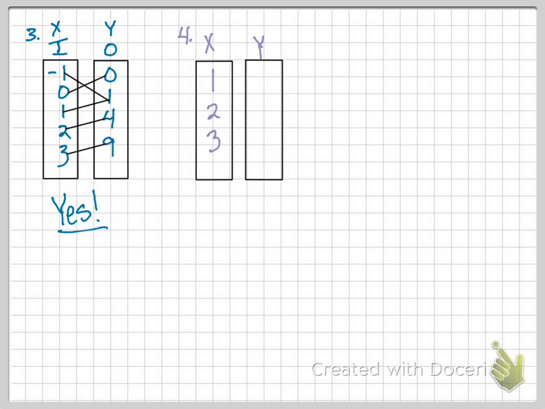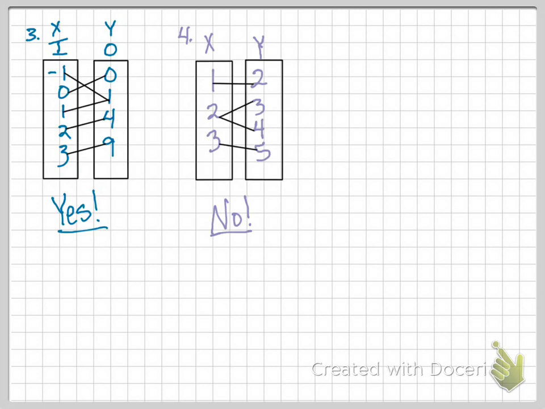In my y values or my range, I have 2, 3, 4, and 5. So we have lines from 1 to 2, from 2 to 3 and 2 to 4, and a line from 3 to 5. Here we have 2 lines coming from our 2, so that means that no, this is not a function.